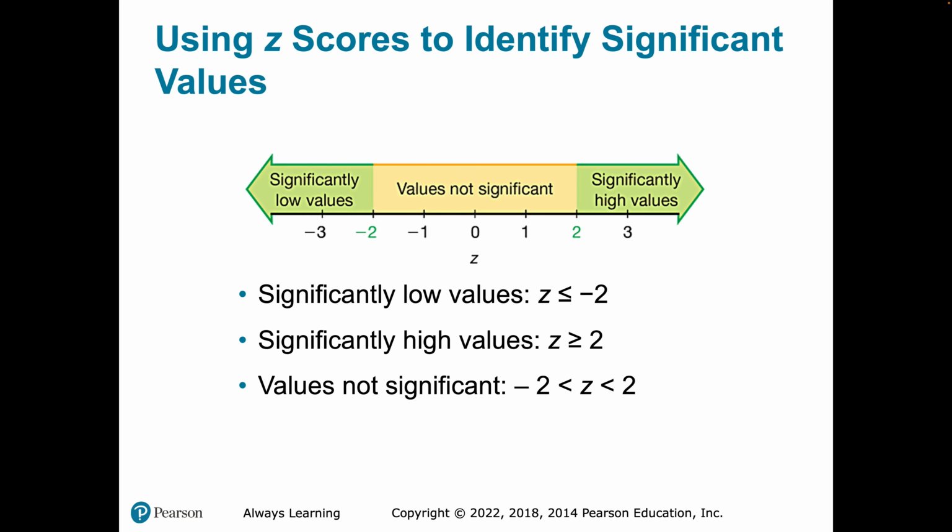All right, so just a visual. How do we identify significant values? Again, z-scores less than -2 are significantly low. And these are all z-scores, okay? Significantly high values are z's greater than 2. Anything between -2 and +2 is considered not significant.